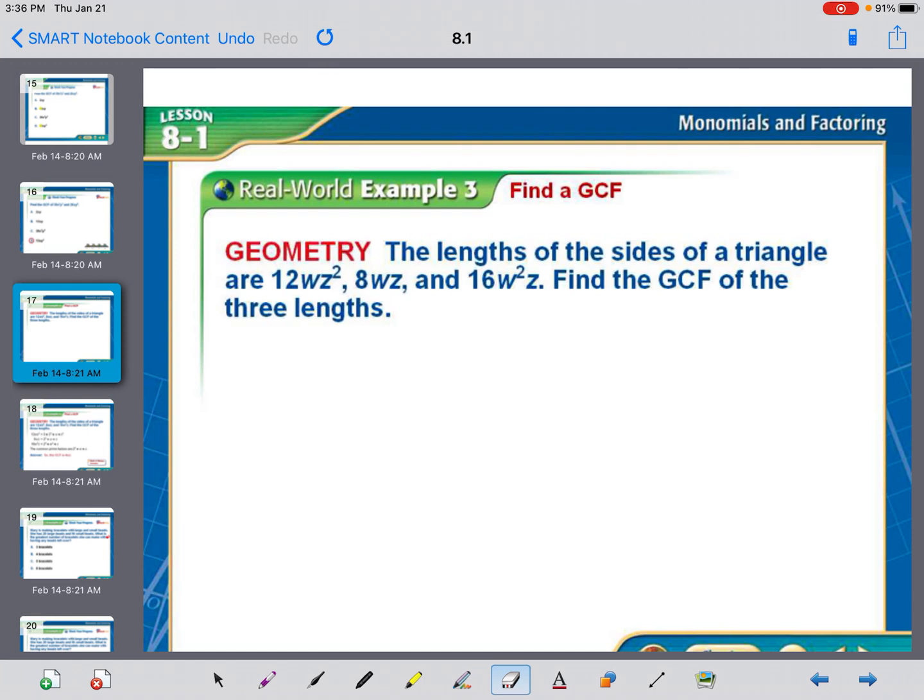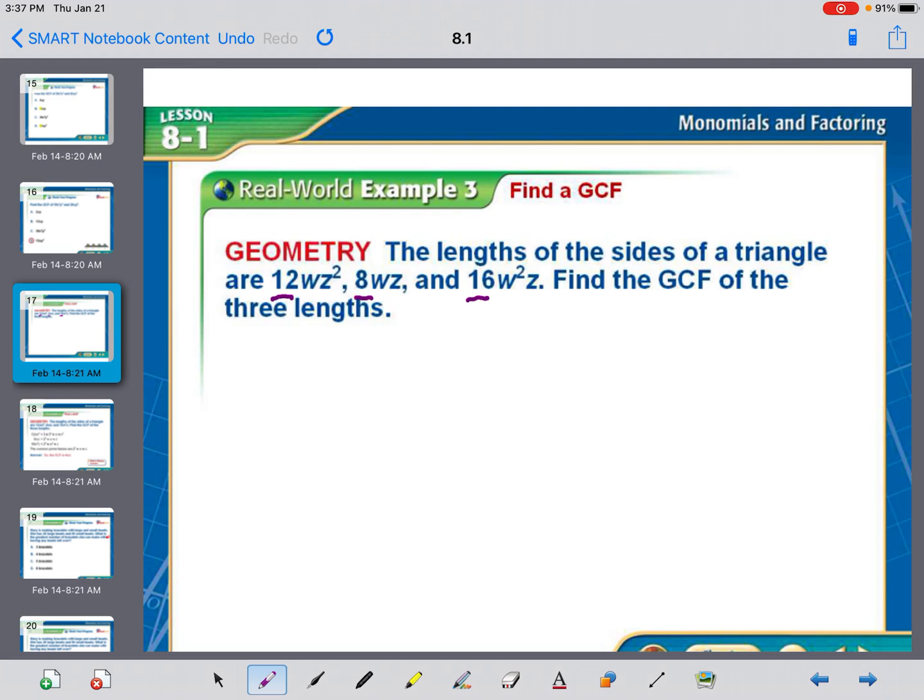The lengths of the sides of a triangle are given. Find the greatest common factor of the 3 lengths. It's a stretch here to try to make this relevant to the world we live in. So we have 3 things to consider in common factor. Let's look at the 12, the 8, and the 16.